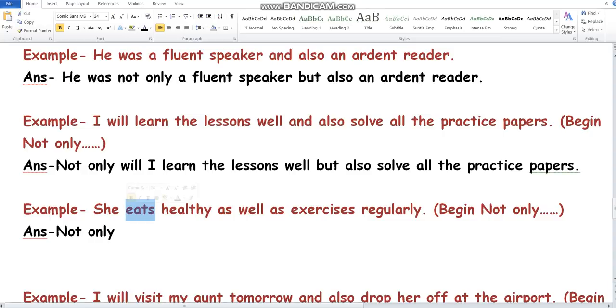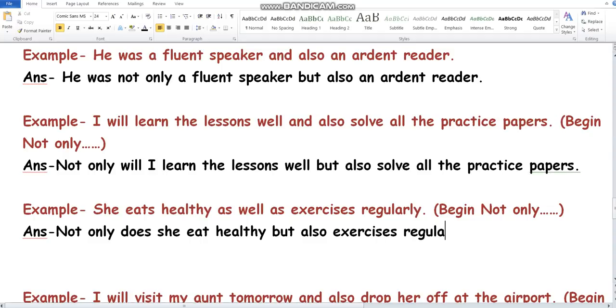Here you cannot say not only did she eat. Okay, not only does she eat. Again, subject verb agreement. You do not write not only does she eats. Not only does she eat healthy, but also exercises regularly.